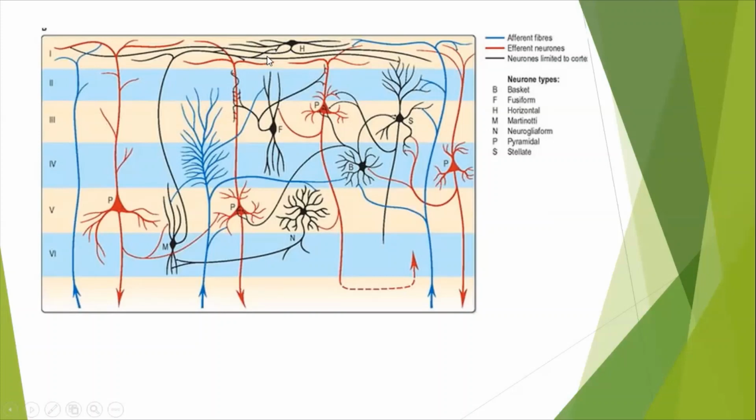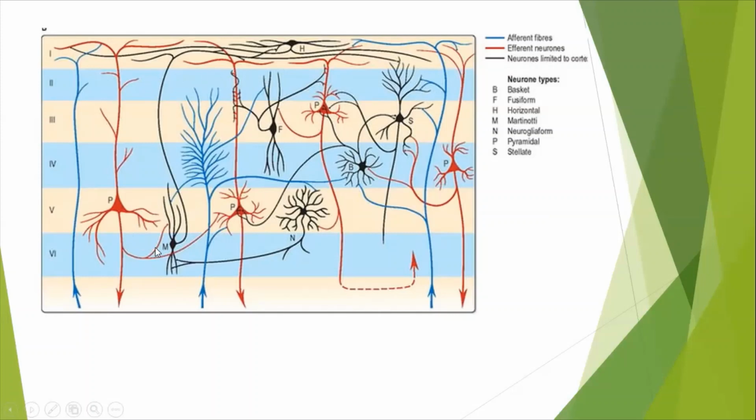Then you have the cells of Martinotti. Then you have the neuroglial form, the pyramidal cells. The pyramidal cells are well distributed on the different layers of the cerebral cortex, and the stellate cell.